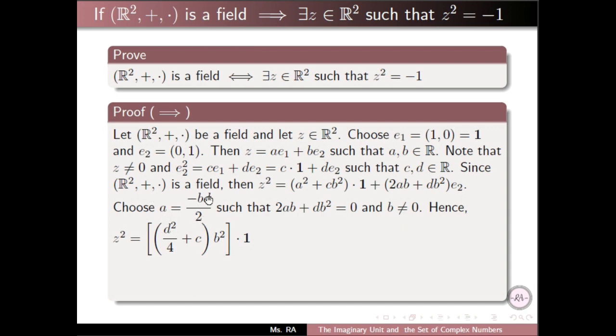Substituting this into this value, we come up with z squared equal to this. Now let us have z squared which is equal to this expression. Our new aim here is to make this part less than 0. So we have to show that d squared over 4 plus c is a negative number. Okay? Remember that, because for the next slide, that is what we are going to do.